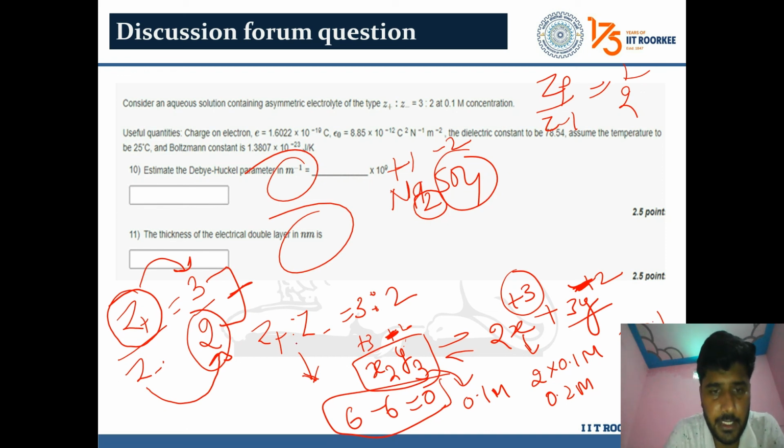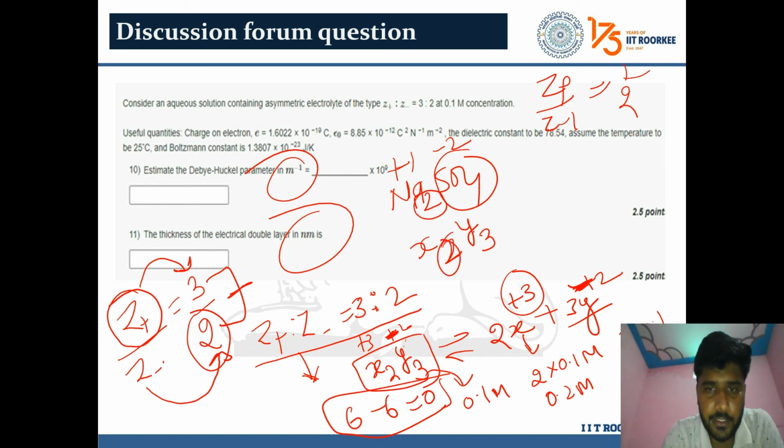For example, you are given the Z positive and Z negative ratio 3:2. Okay, so for neutralization of charge, because the electrolyte has zero charge in neutral conditions, the ion which has a plus 3 charge and the ion which has a minus 2 charge will be X2 and Y3.